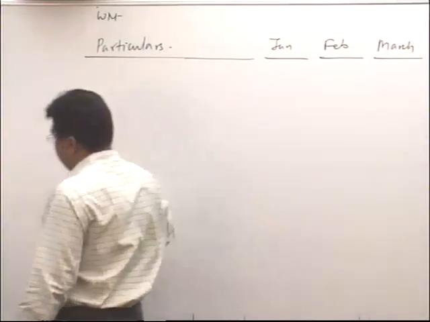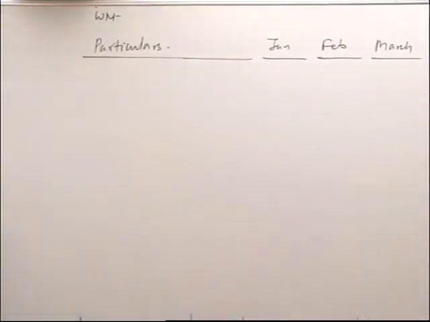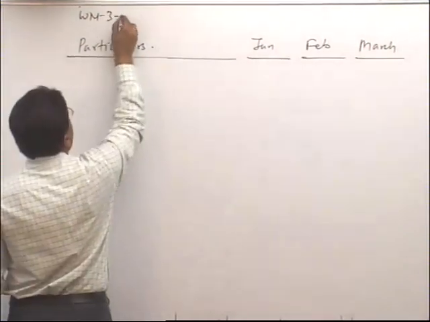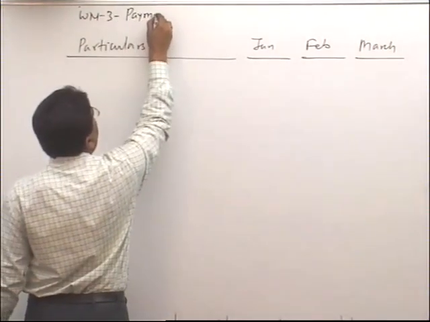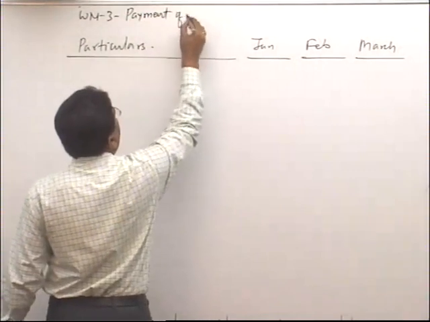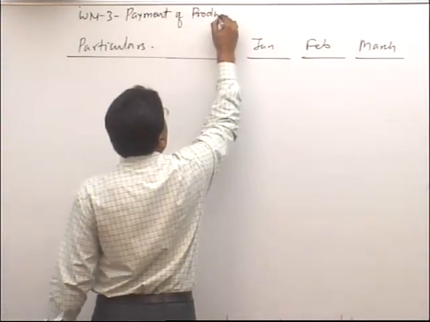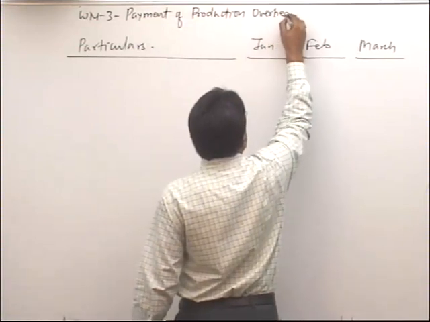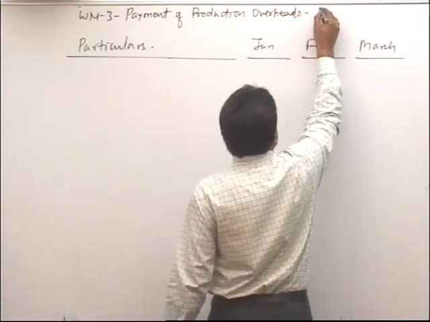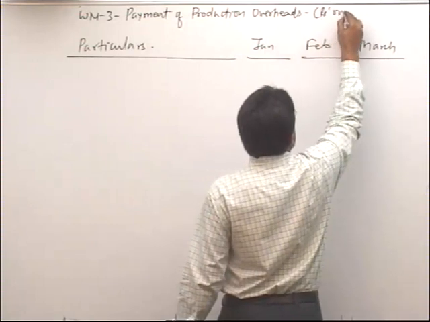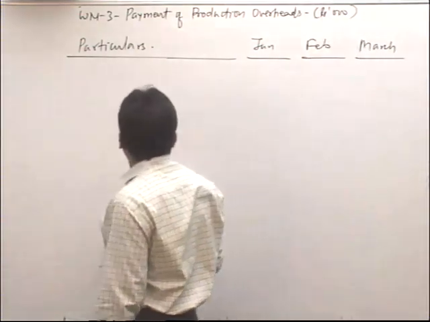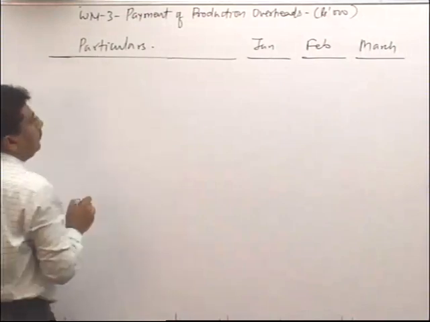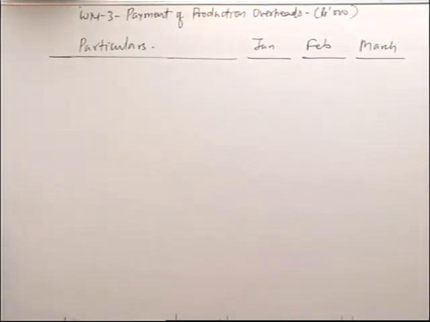So then on working note 3, payment of production overheads. And the rupees is in 1000. Make 4 columns, particulars January, February and March.